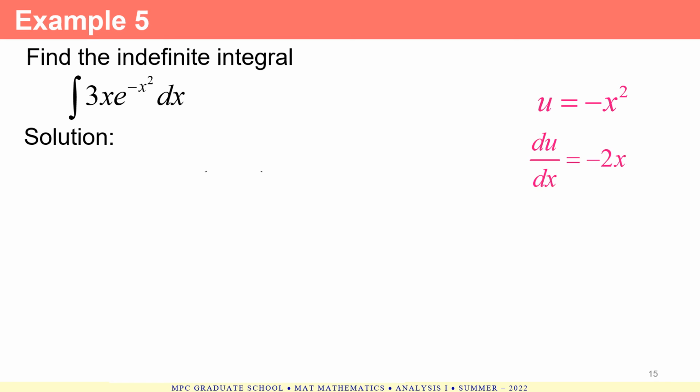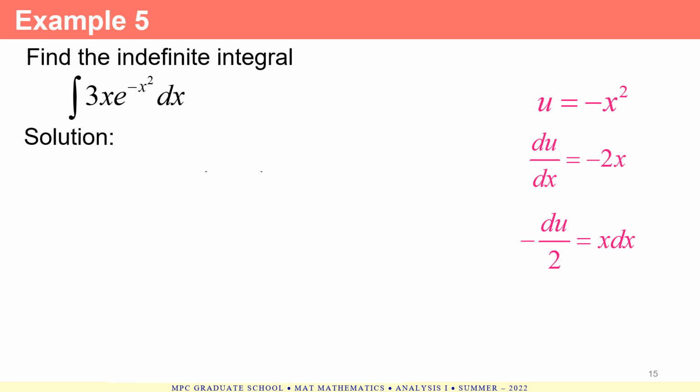So now we can write the integral in terms of u. That is the integral of 3e raised to u times negative du over 2. So we can pull outside the constant, that is negative 3 over 2.